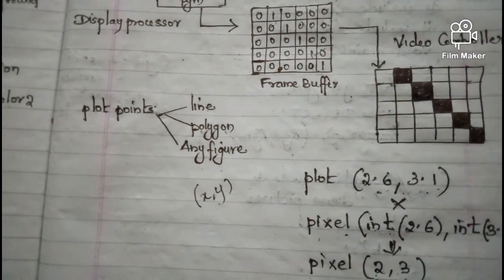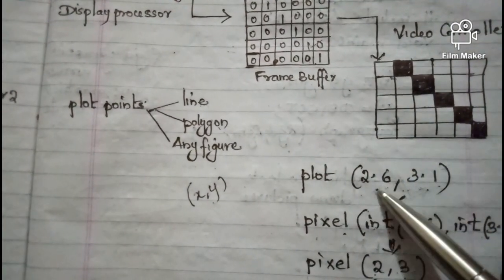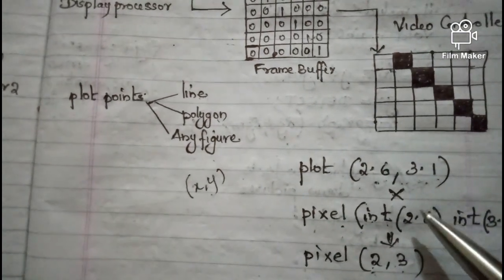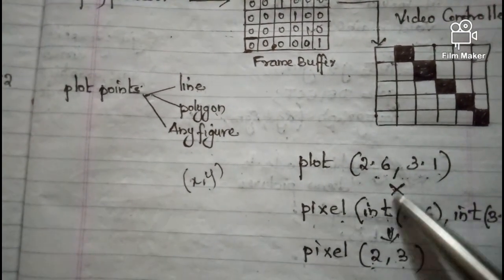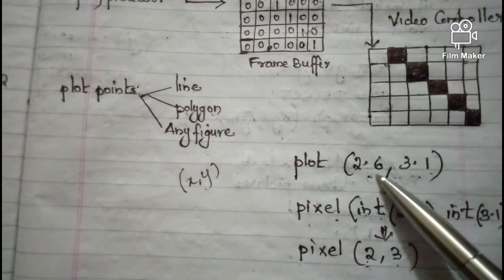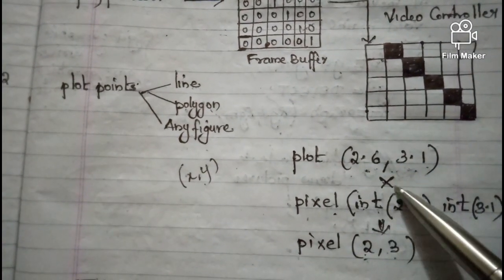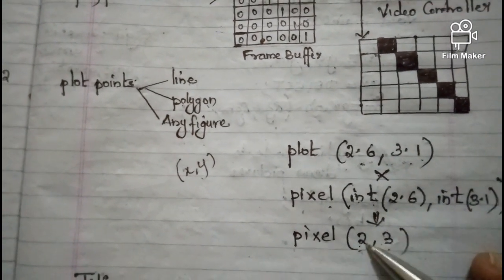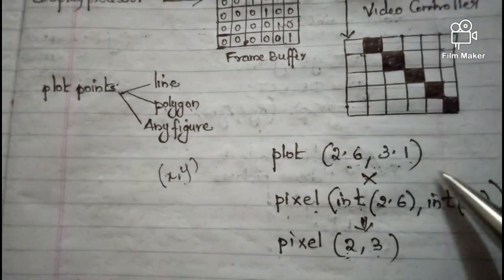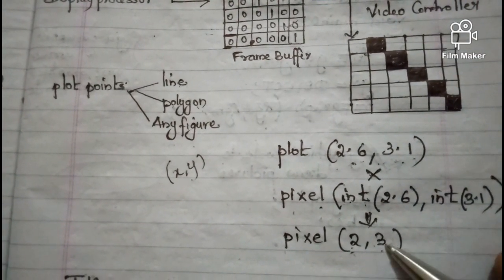So if we are giving floating point values, what will the system do? The system will convert them into integer values. That means the integer part of 2.6 will be taken, which is 2, and the integer part of 3.1 will be taken, which is 3.